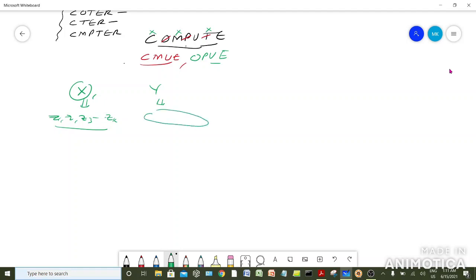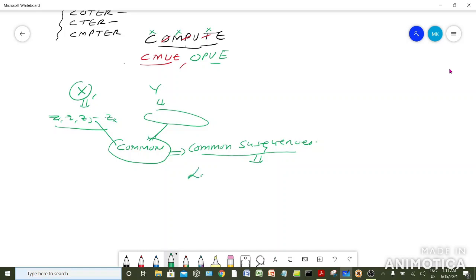So the subsequences which are common to X as well as Y are termed common subsequences. And out of these common subsequences, our target is to find the subsequence which is the longest in length. So we need to find the longest common subsequence.